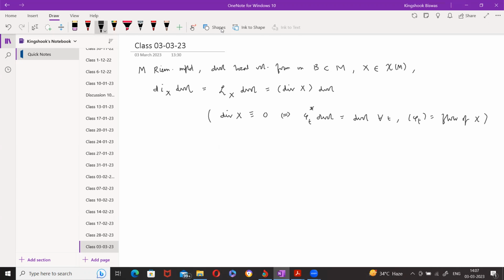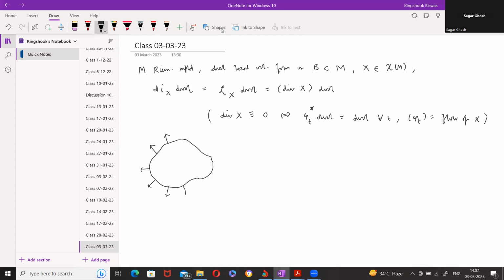And we proved last time the divergence theorem: if you take a compact domain with smooth boundary in the manifold, then at any point of the boundary, you can define a unique outward unit normal.